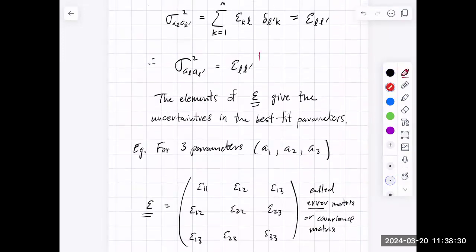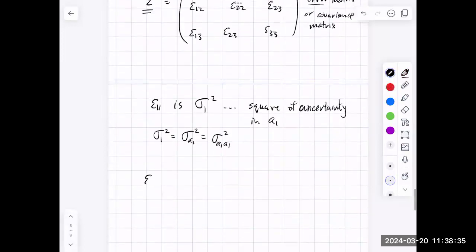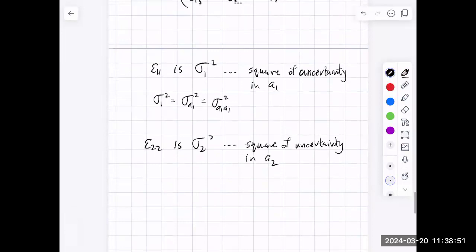Epsilon 2,2 is sigma 2 squared, the square of the uncertainty in A2, and epsilon 3,3 is sigma 3 squared, the square of the uncertainty in A3.